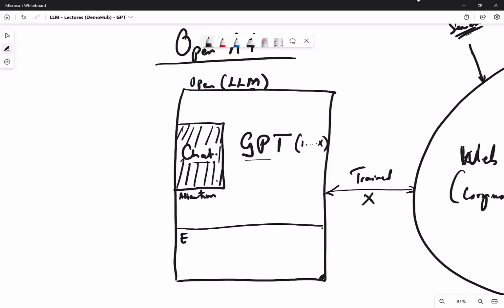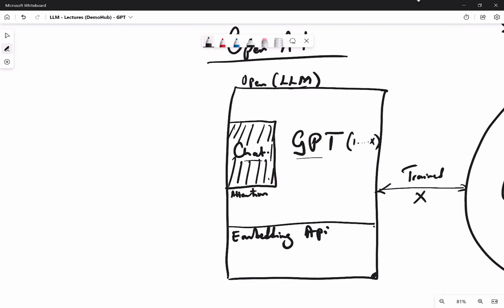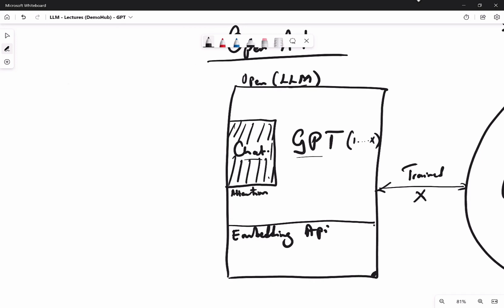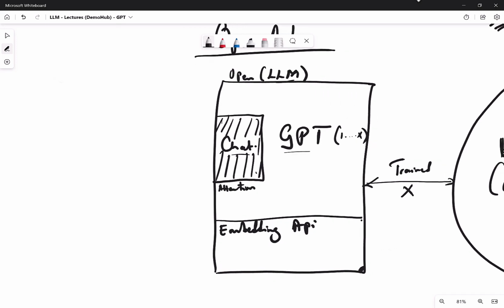Below is another very important API from OpenAI, the Embeddings API. We'll talk about what the Embeddings API is and how it is useful if you're going to extend beyond just using ChatGPT. This is a very high-level schematic lay of the land for what's available within the GPT ecosystem. So what does this look like for users?